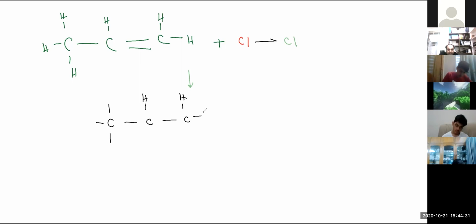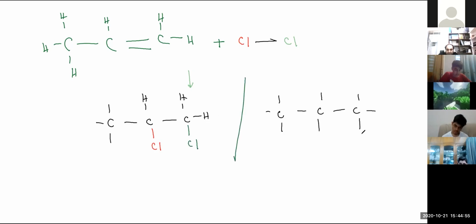So either the red chlorine can come here and the green chlorine can come here, or the red chlorine is here and the green chlorine is here.